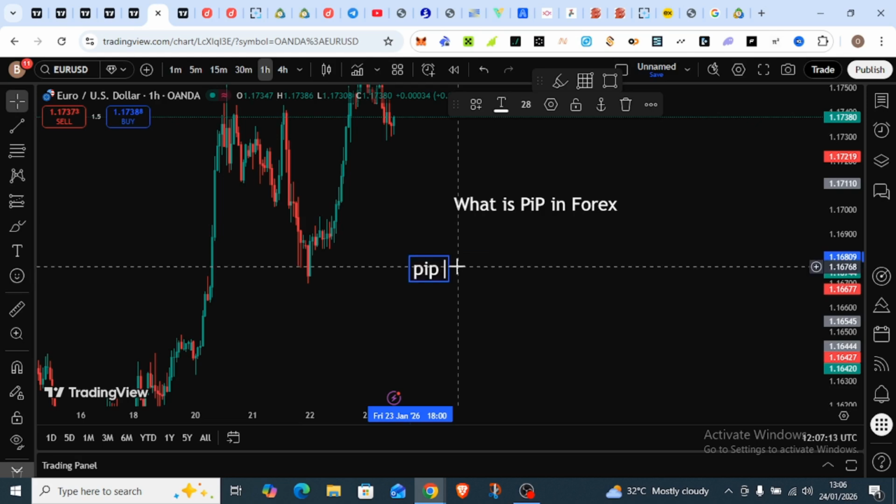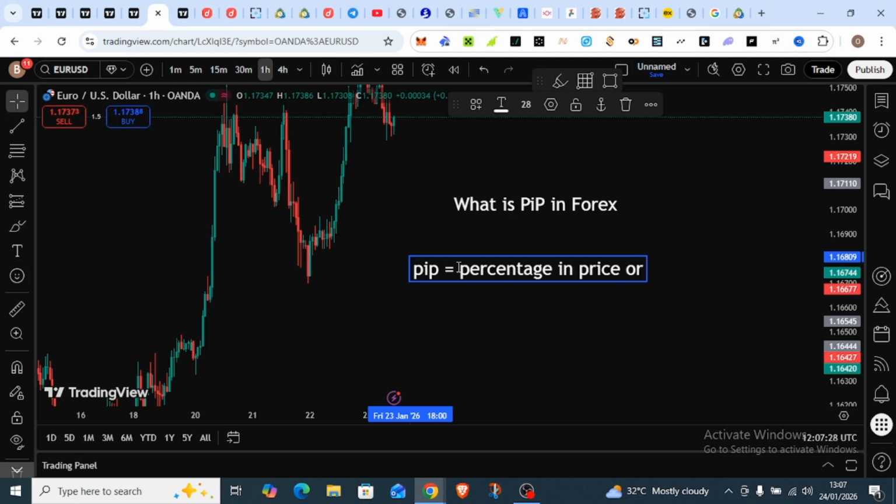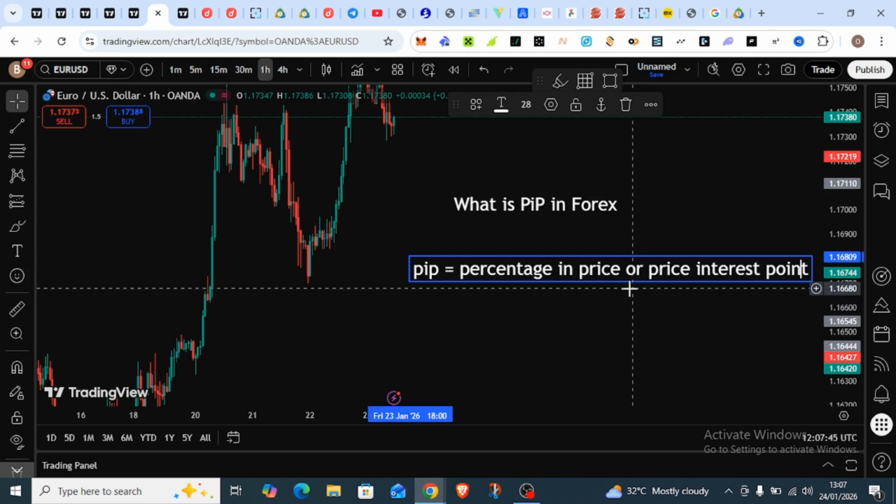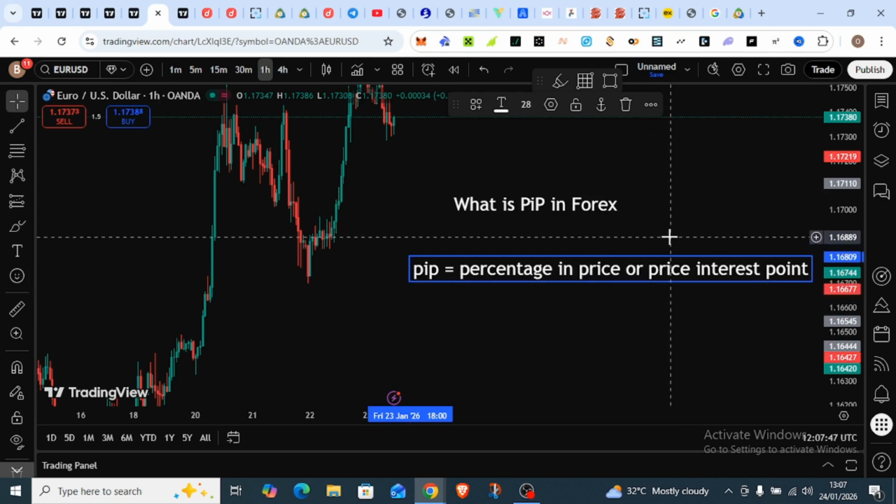Pip is equal to percentage in price, or price interest points. So this is it. It's either you call it percentage in price or price interest points.